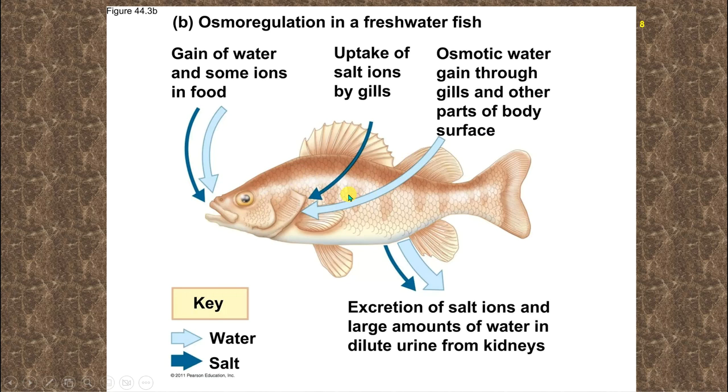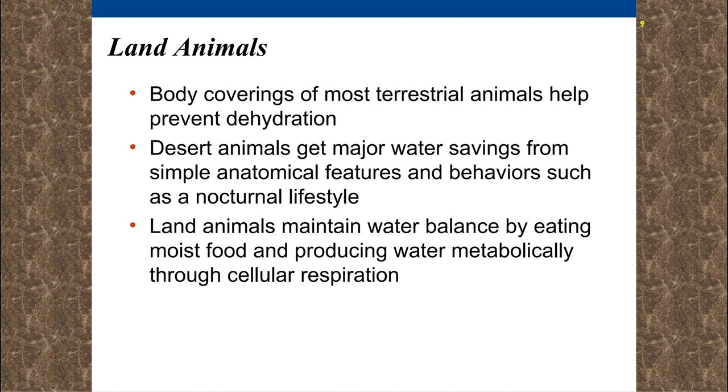This is exactly opposite to that of marine fish, whereas these excrete a large quantity of water in dilute urine with a very low content of salts. Hence, the seawater fish cannot survive in fresh water, and the freshwater fish cannot survive in the marine environment, because of the osmotic changes.